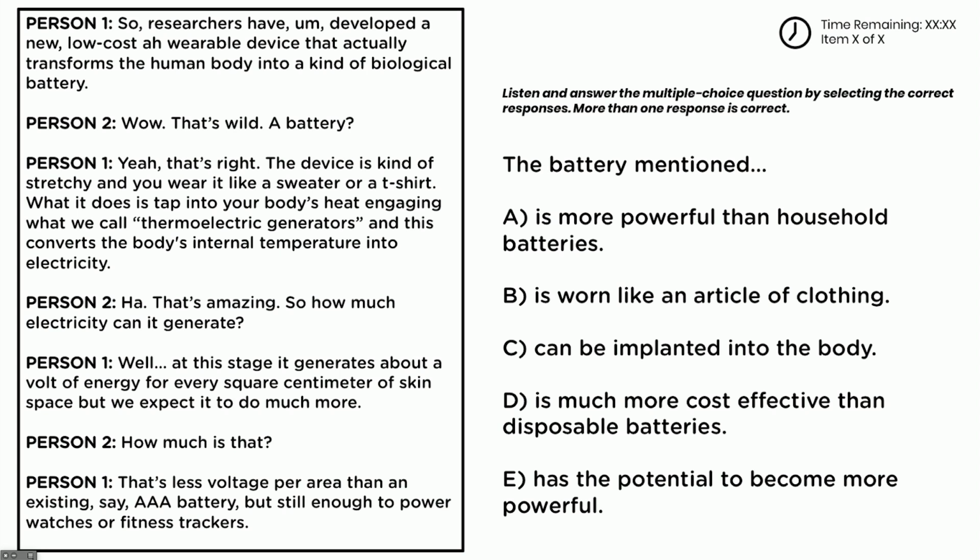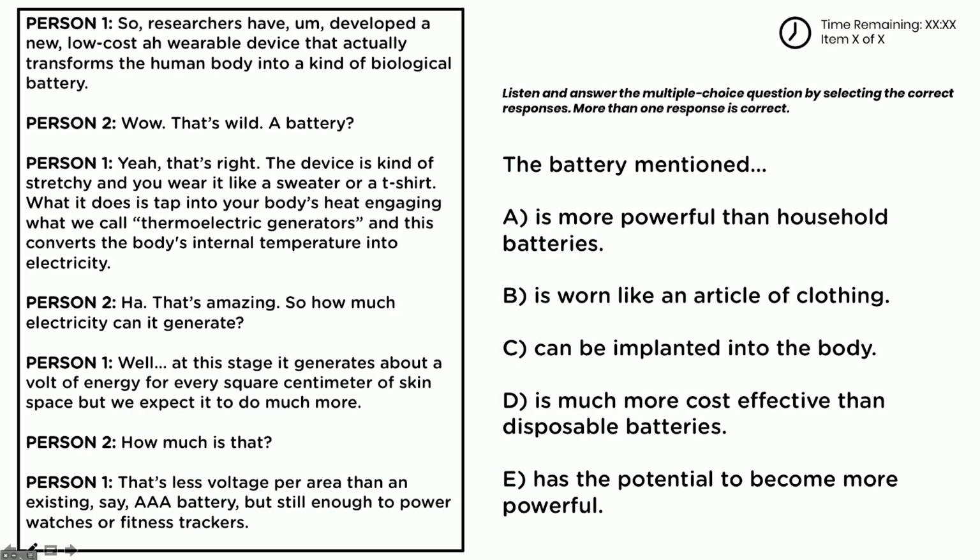That's amazing. So, how much electricity can it generate? Well, at this stage, it generates about a volt of energy for every square centimetre of skin space, but we expect it to do much more. How much is that? That's less voltage per area than an existing, say, AAA battery, but still enough to power watches or fitness trackers.